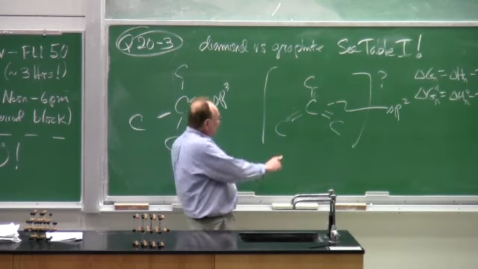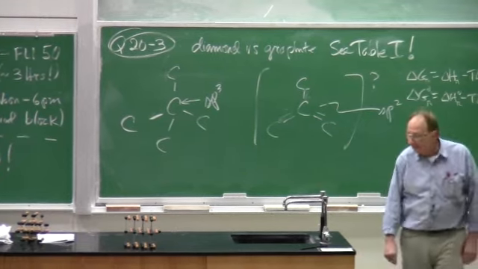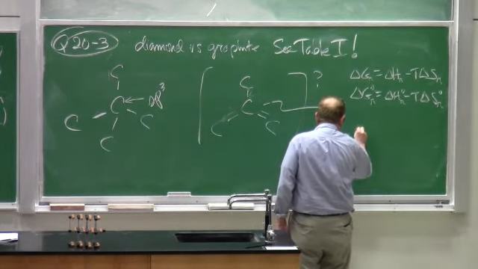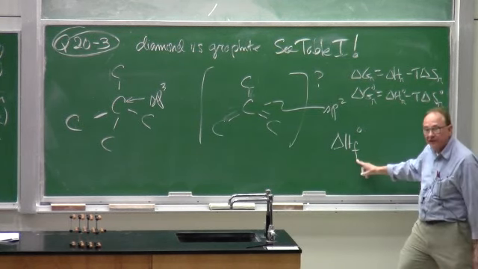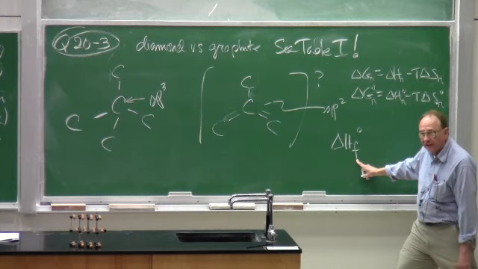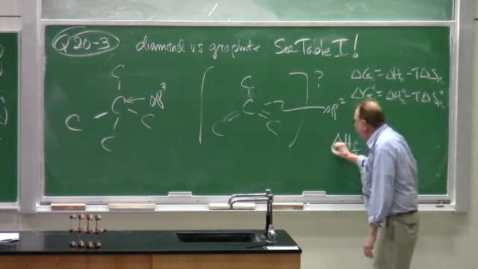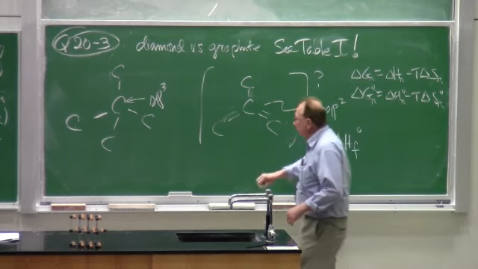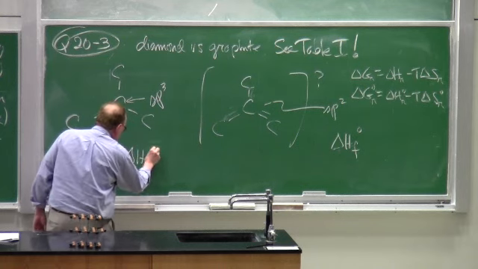That means delta H F 0, standard state conditions. What's the F mean? Formation. That means delta HF0 for this compares how to delta HF0 for this?